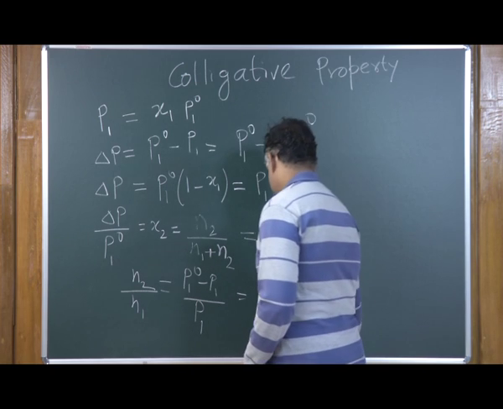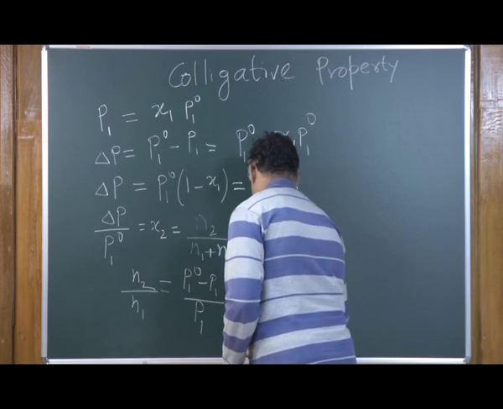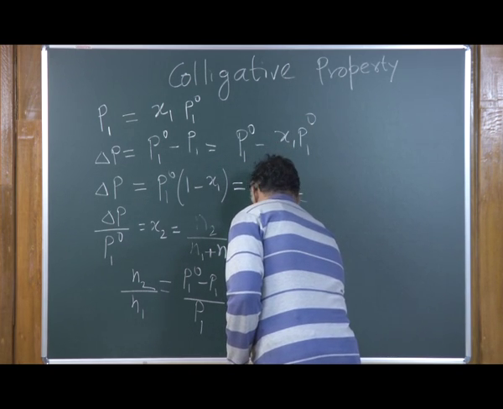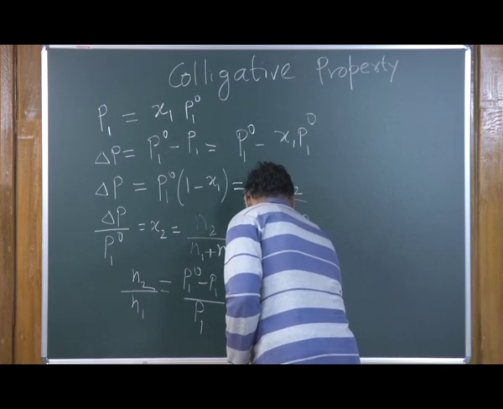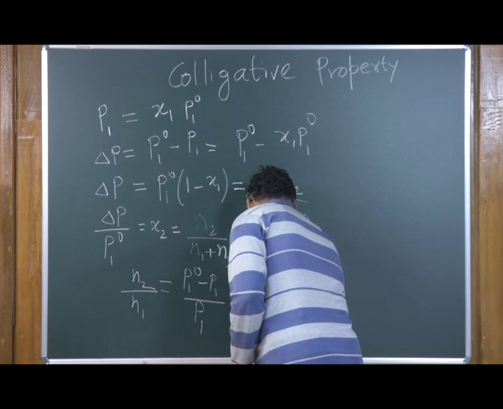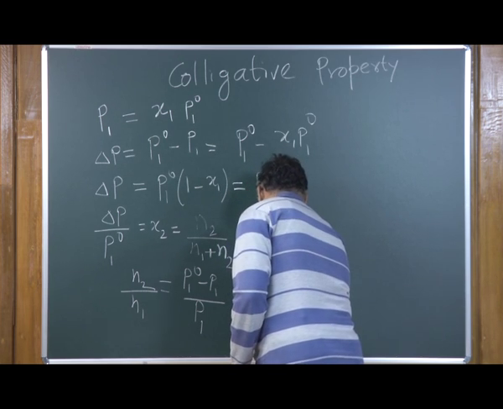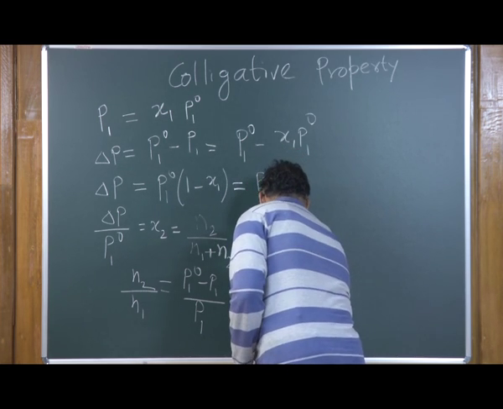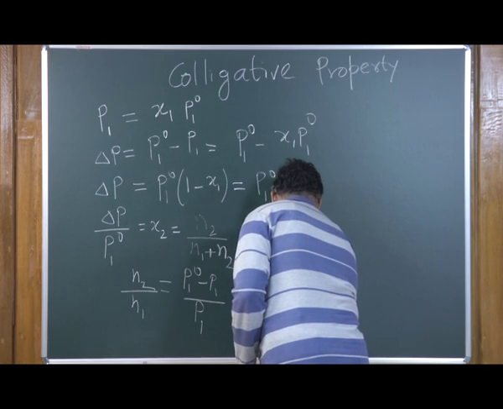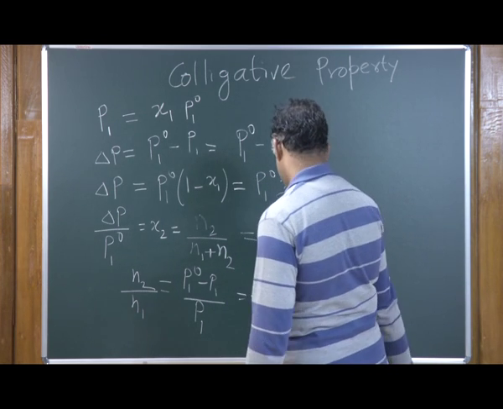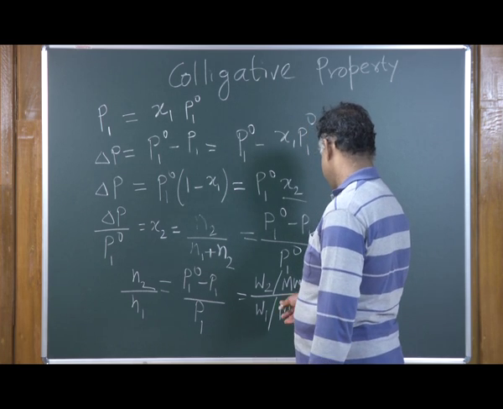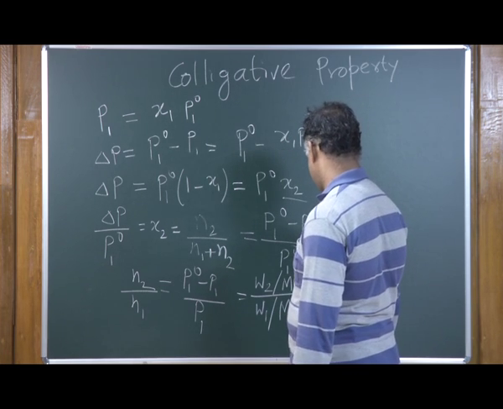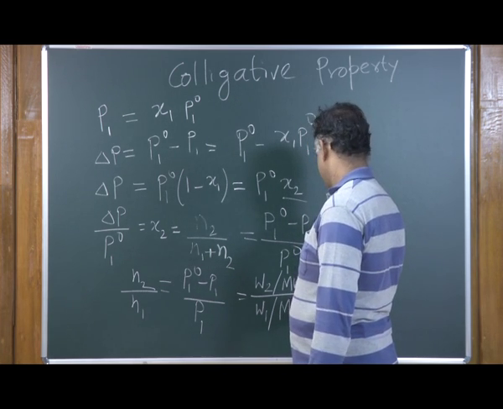So, this is defined as the weight of solute divided by the molecular weight of solute, divided by the weight of solvent present in the solution divided by the molecular weight of solvent. We already know the weight of solvent present in the solution, and we can use this information to calculate the molecular weight of solute.